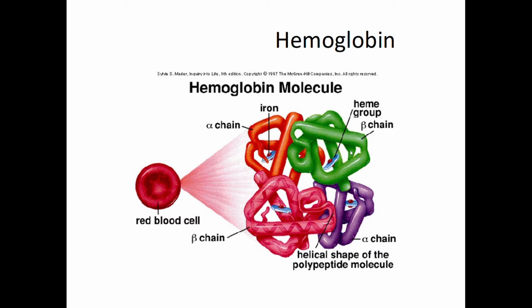And then quaternary structure is the fact that we have 4 heme groups all together. Each of these heme groups has an iron in the molecule, and that iron is where we're going to carry the actual oxygen. So each of those irons can carry an oxygen, and that's going to allow us to carry 4 oxygen for every hemoglobin molecule.